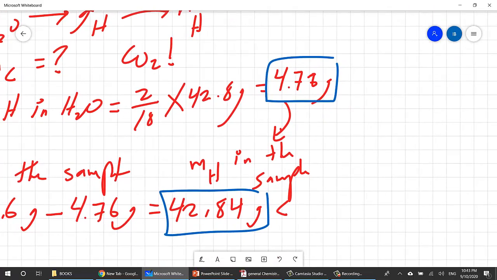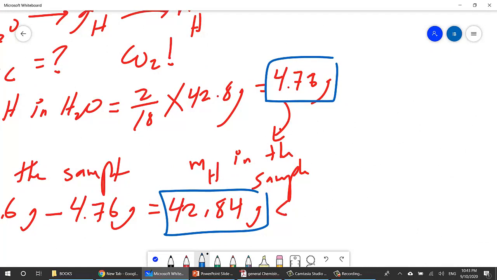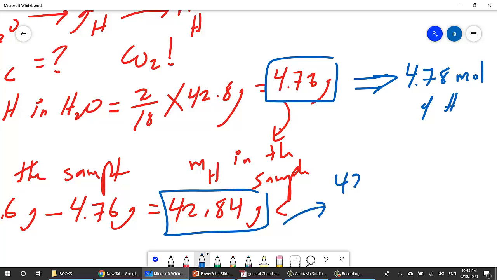So I want to convert that to moles. That's going to be the same 4.78 moles of hydrogen because you divide by 1. The carbon you divide by 12, so 42.84 divided by 12 gives you 3.57 moles of carbon.